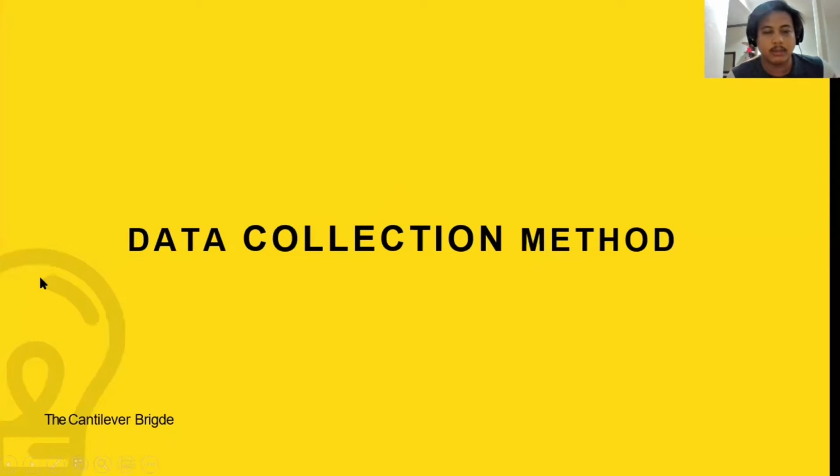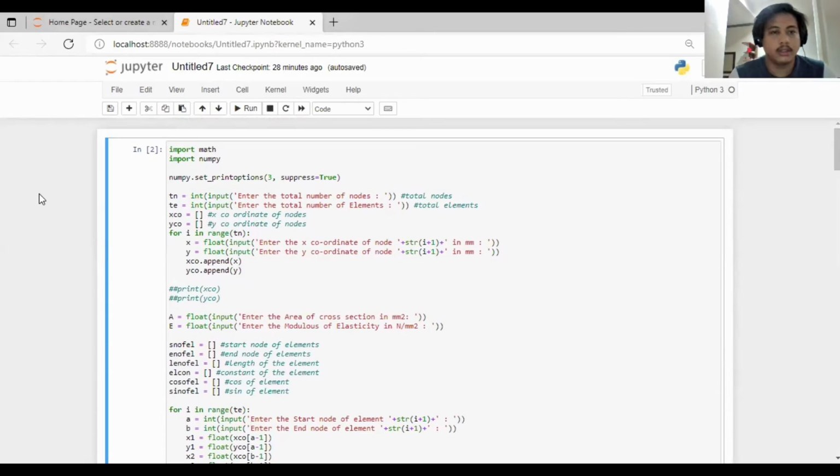And next, the data collection method. I will switch to my browser, and this is the code for my project. I use Python 3, and first we must enter the total number of nodes and then enter the total number of elements.